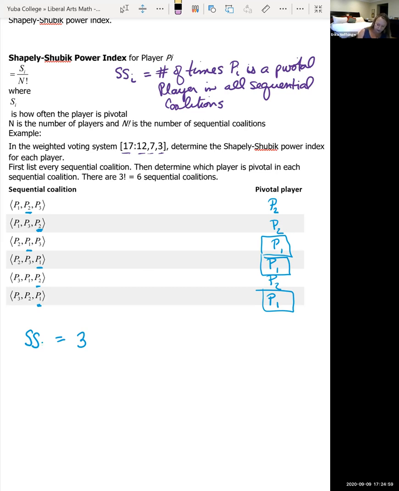Sorry, and this should be S1. So if we look at the Shapley-Shubik index, how many times was player 2 a pivotal player? In this case, that was 1, 2, 3 times. And poor player 3, they were never a pivotal player, so 0 times.